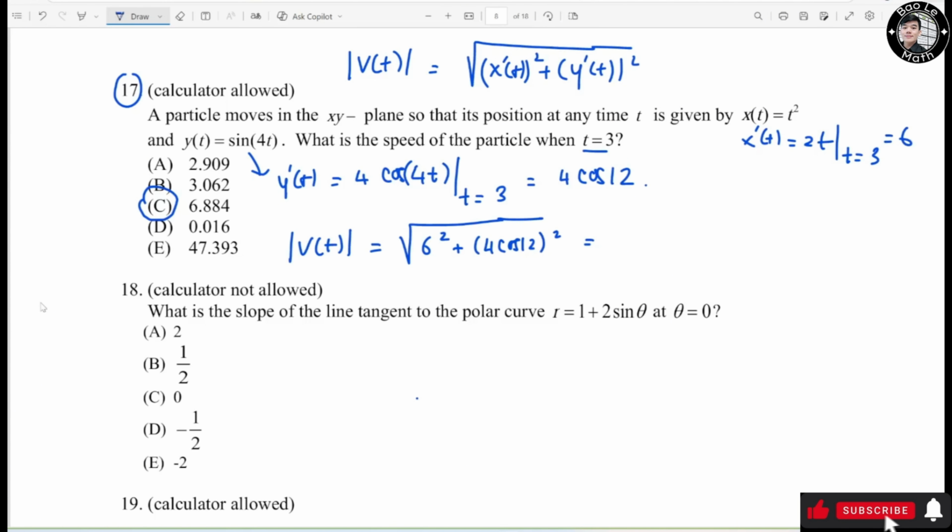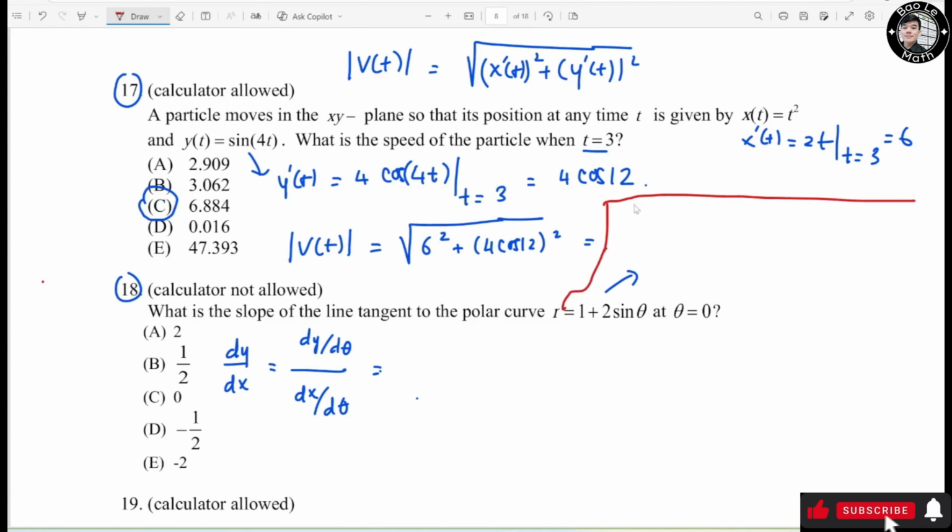Now question 18. What is the slope of the line tangent to the polar curve r equals 1 plus 2 sine theta at theta equals 0? So we have dy divided by ds, which is the same thing as dy over d theta divided by ds over d theta, right? We have s equals r cosine theta, but r equals this one, so it's 1 plus 2 sine theta times cosine theta.